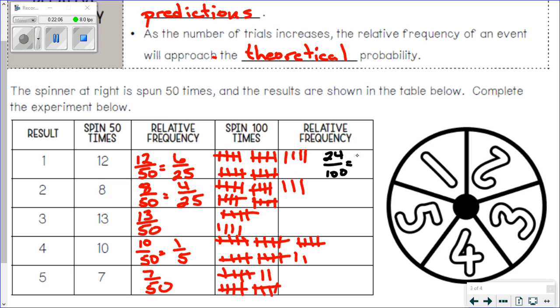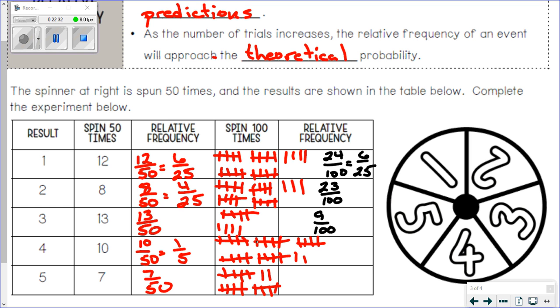That would simplify to 6/25ths. And this one is 23 out of 100. The 3 was only 9 out of 100.